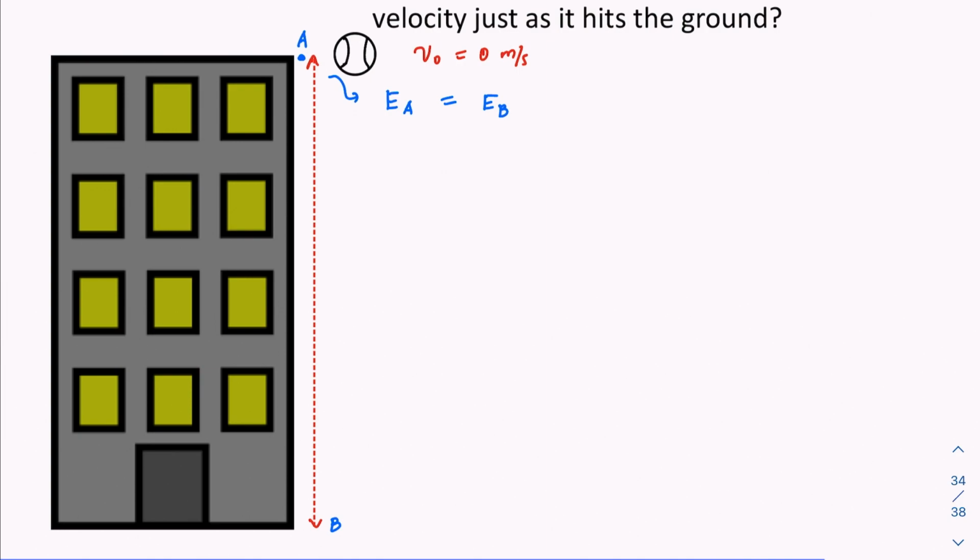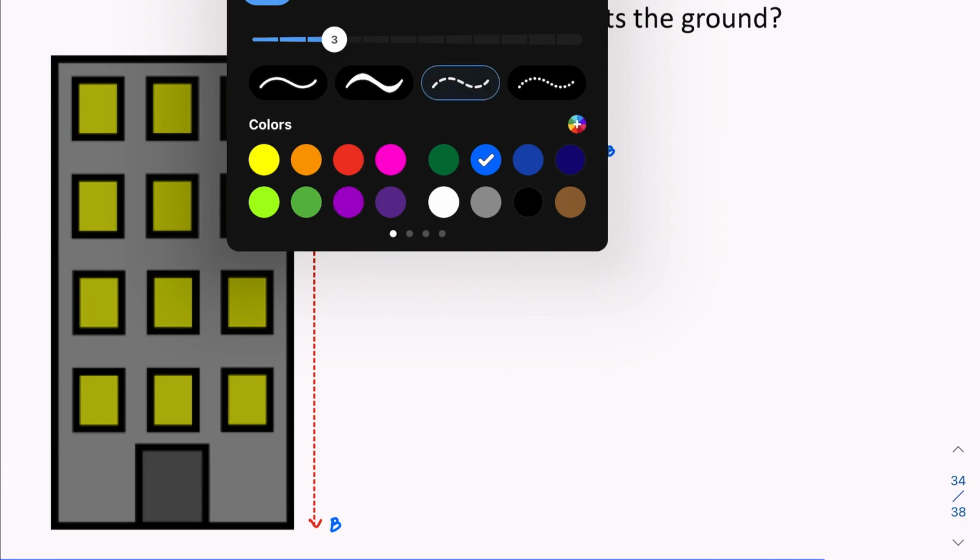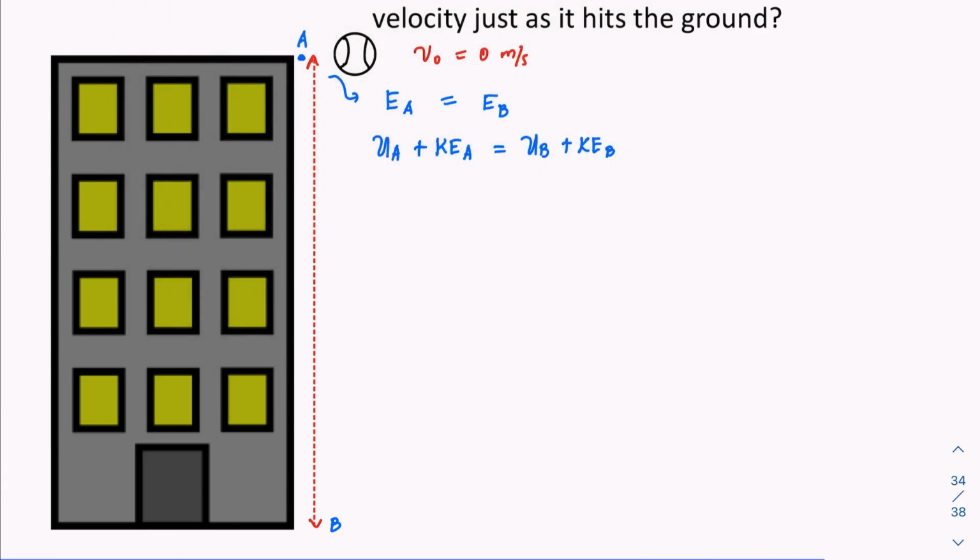At point A, there are two energies, or mechanical energy can be broken down into potential and kinetic. So I will write the potential energy at A and the kinetic energy at A, and that should be equal to the potential energy at B and the kinetic energy at B. Now, the next thing to consider is where I should set my height equal to 0.